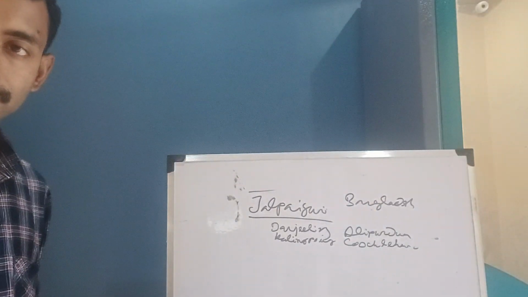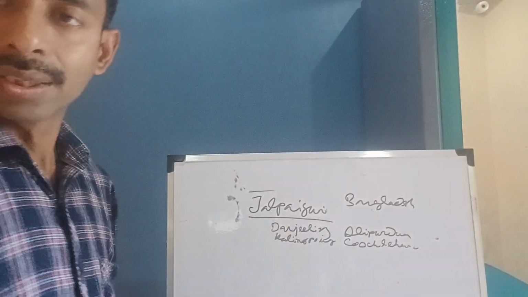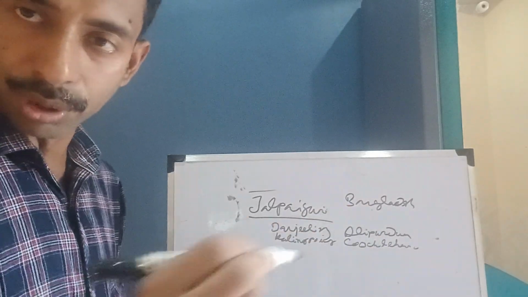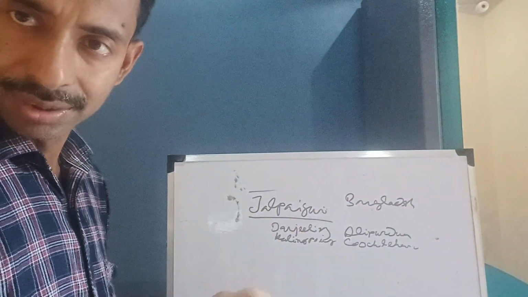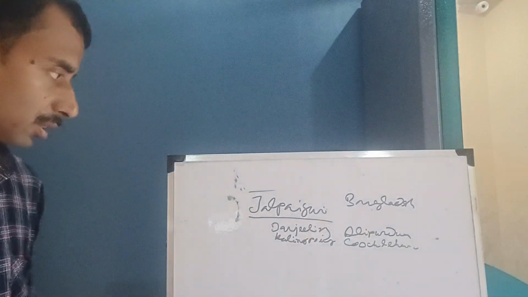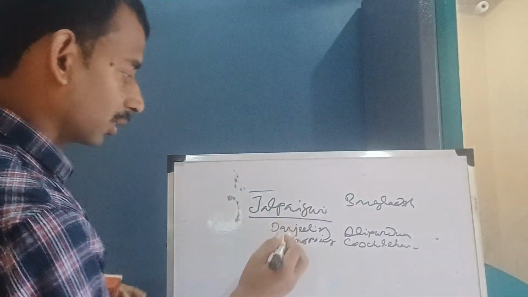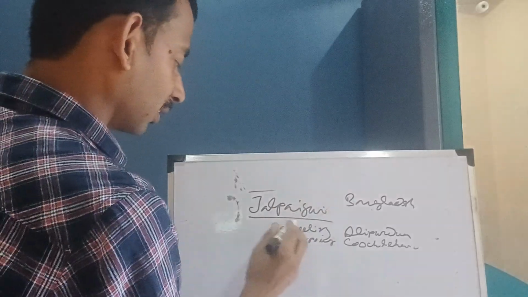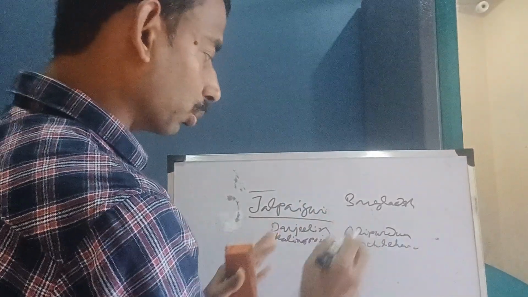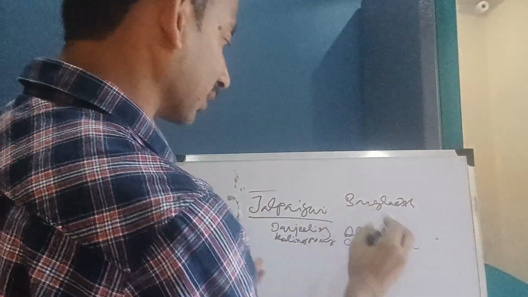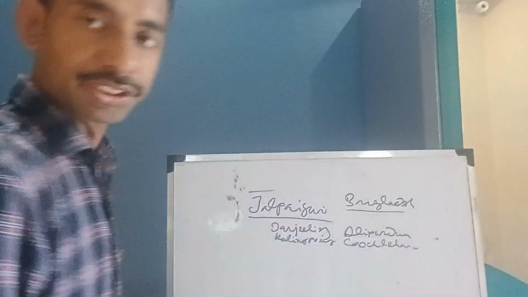The Nepal border comes in Darjeeling district. At district level, the adjacent districts are Darjeeling, Kalimpong, Alipurduar, Kuch Bihar. And Jalpaiguri shares international border with Bangladesh.